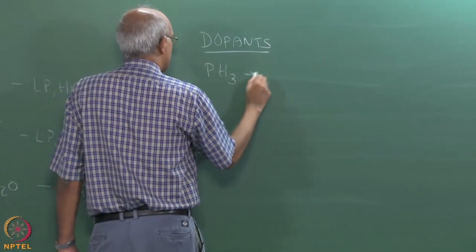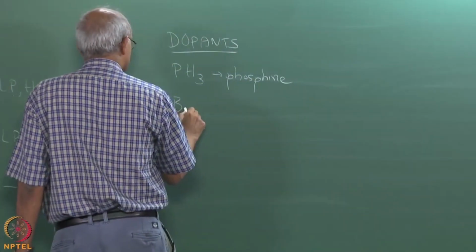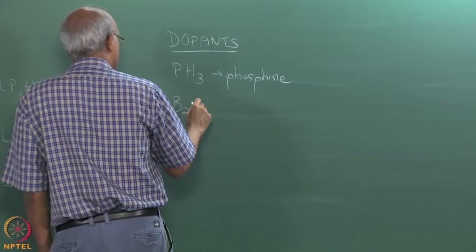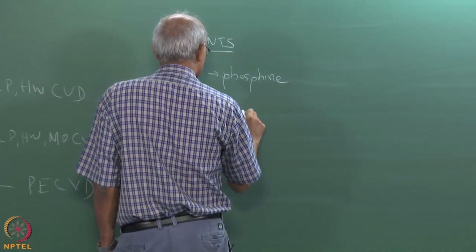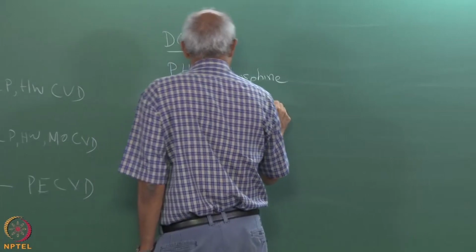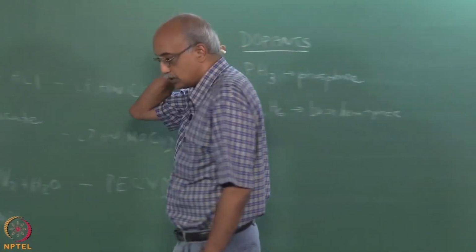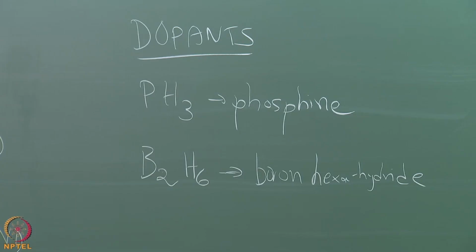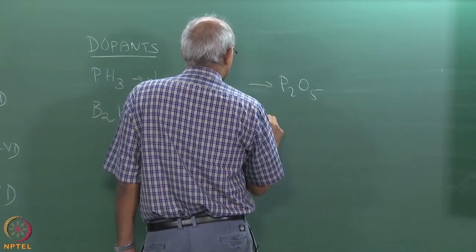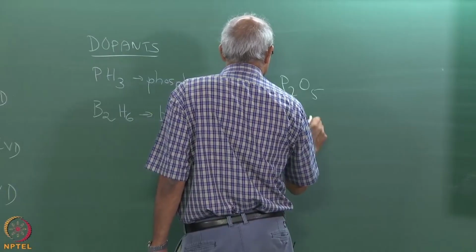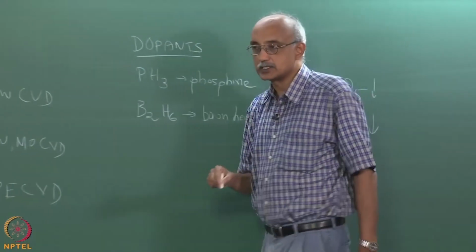And PH3 or phosphine and B2H6, boron hexahydride, are frequently used as precursor species or dopants in order to produce, as I was mentioning earlier, P2O5 and B2O3 as the components in the film itself.